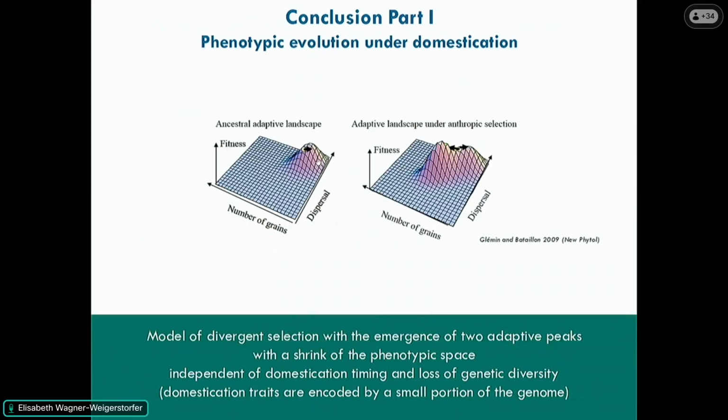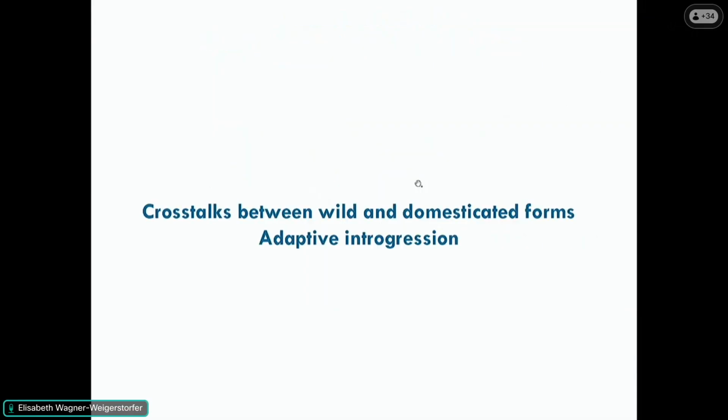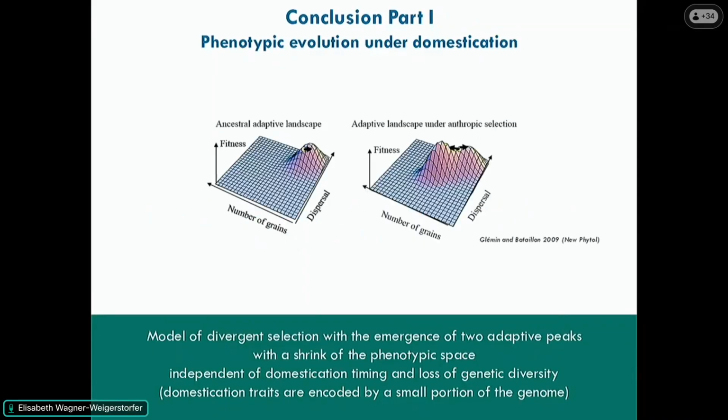So you have a peak here, the wild peak. And what happened during domestication is the emergence of a second peak, where you have less dispersal but also more grains. But what this figure doesn't show is that the space has shrunk during domestication.